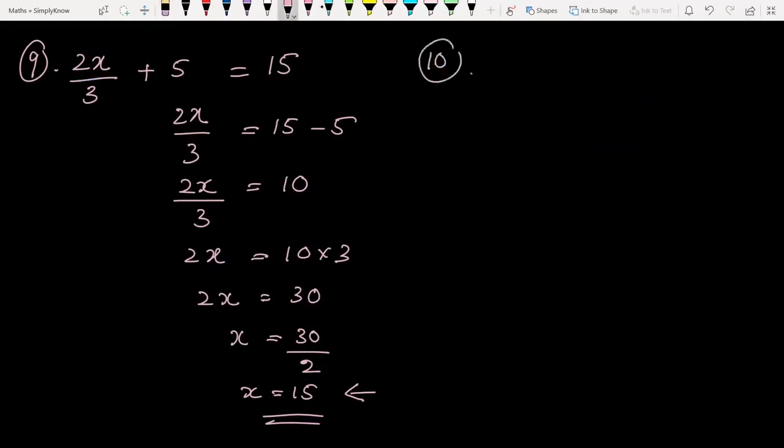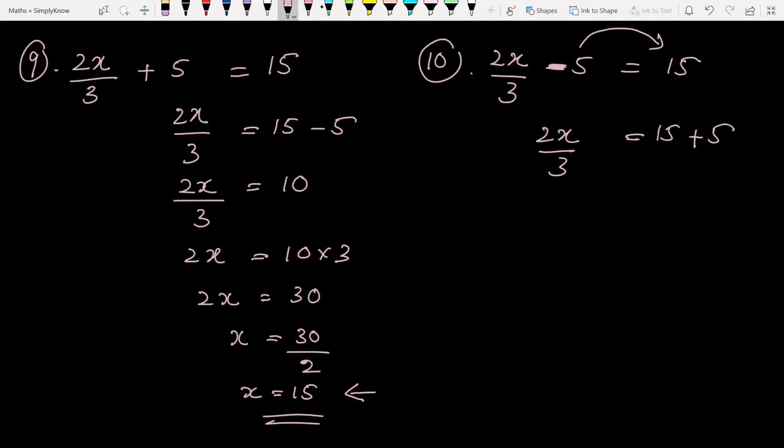Next example: 2x over 3 minus 5 equals 15. Now I have taken the same terms, but I have changed the operation here. So again, 2x over 3 equals, let's transfer this. So 15 minus 5 will become plus 5 now. 15 plus 5 is 20. 2x over 3 equals 20.